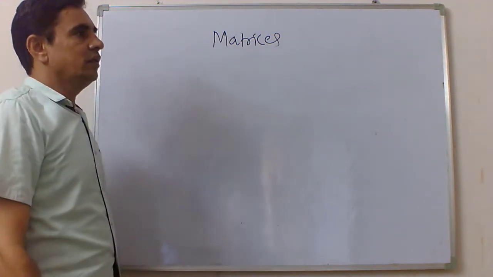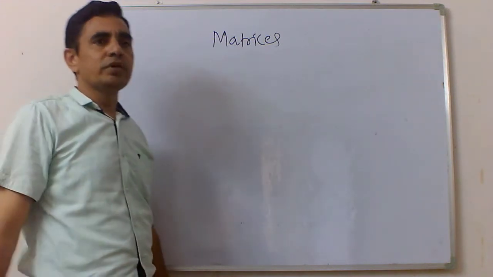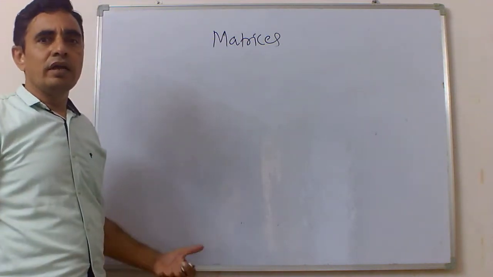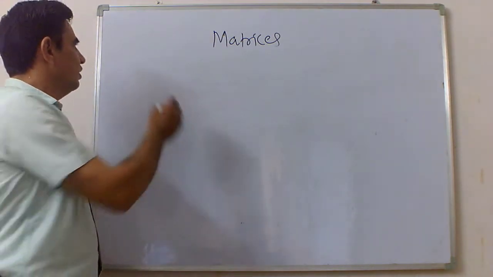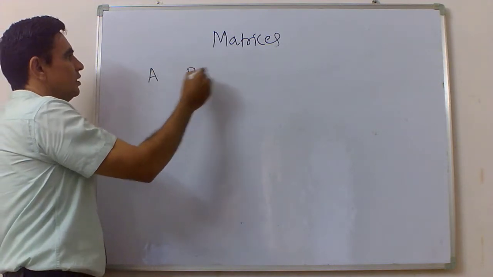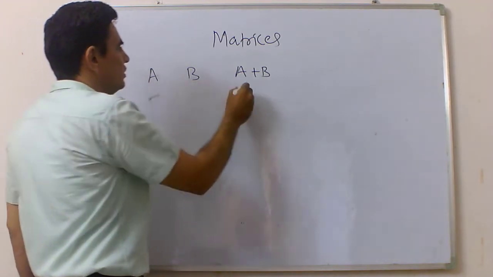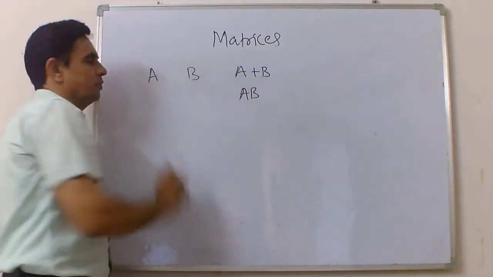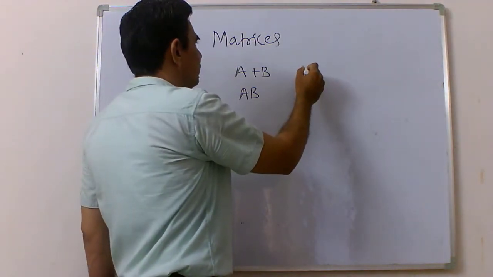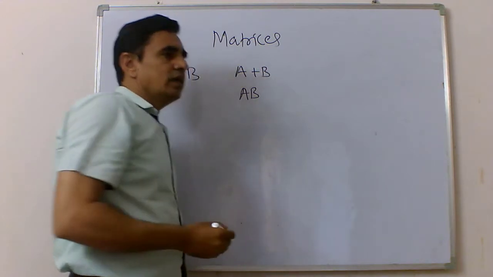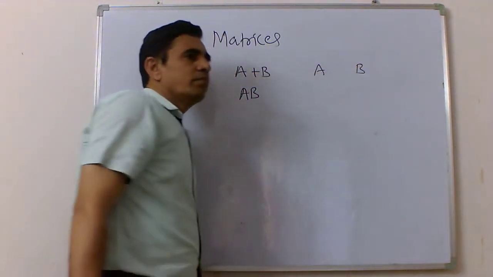After seeing the types of matrices, now we see how to apply operations on those matrices. How to take the addition of two matrices and how to take the product of two matrices, we know very well. If A and B are two matrices, then A plus B is called the addition matrix, and A into B is called the product of the two matrices. Whenever addition is possible, how do we take the addition? If we want to add two matrices, then the order of A and B must be the same.